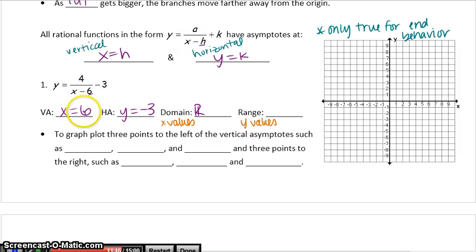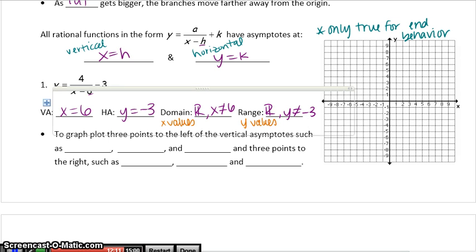So if we have a vertical asymptote, that means we have a restriction. So that means x cannot equal 6. And same with our range, it'll be all real numbers, but we can't have a y value of -3. Okay, so whenever we have a horizontal or vertical asymptote, we're going to have restrictions on our domain and range.